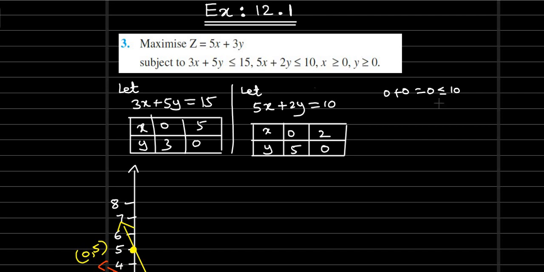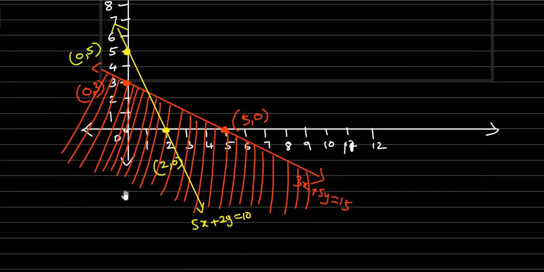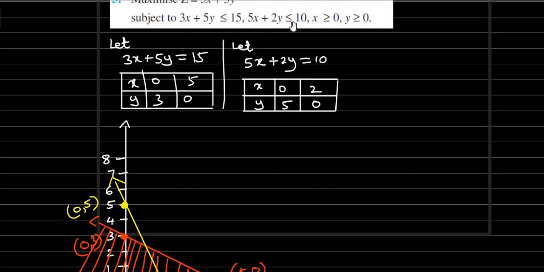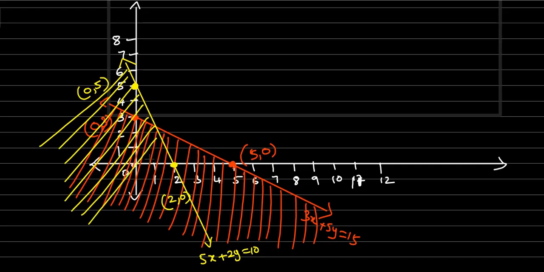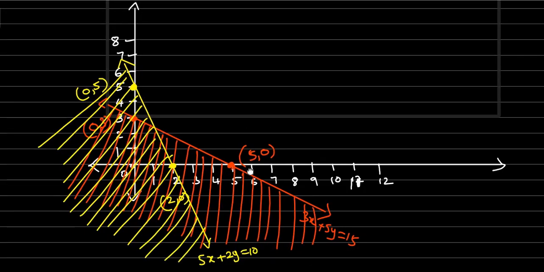Is 0 less than or equal to 10? Yes, the condition is true. So you take any point from this side, it will satisfy this second inequality. So the solution for the second inequality lies this side.